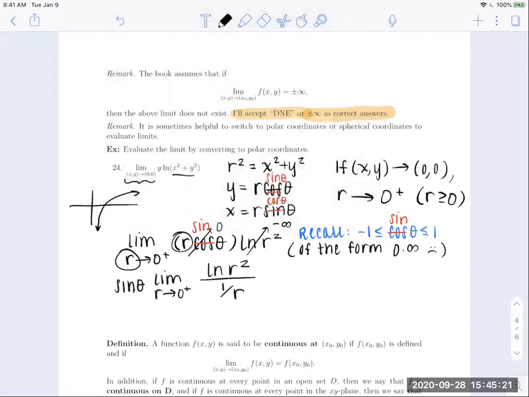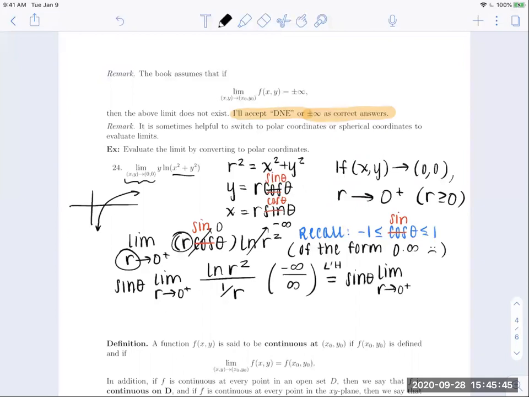So now what's happening? My numerator is tending to negative infinity. My denominator is going to positive infinity, and I can now apply L'Hopital's rule here. So I'm going to write a little L apostrophe H to indicate that I'm going to use L'Hopital's rule. I still have my sine function out front. I still have my limit as r is approaching 0 from the right.